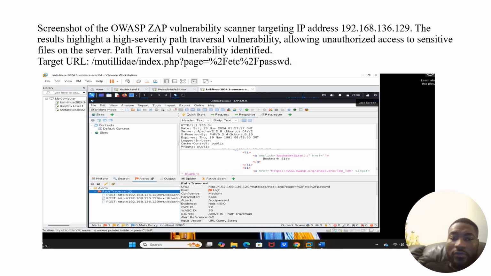Here is a screenshot of ZAP, OWASP ZAP vulnerability scanner targeting IP address 192.168.136.129. The result highlights a high severity path traversal vulnerability allowing unauthorized access to sensitive files on the server.